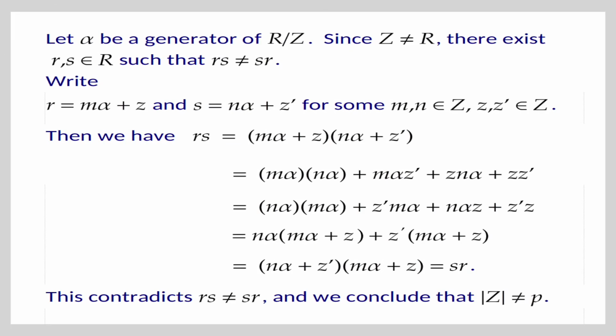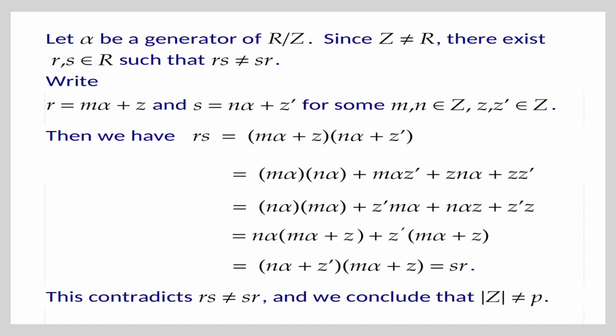Let alpha be a generator of R/Z. Since Z is not equal to R, there exist r, s belongs to R such that rs is not equal to sr. We write r equal to m alpha plus z and s equal to n alpha plus z' for some m, n belongs to the integers and z, z' belongs to Z. Then we have rs is equal to (m alpha plus z)(n alpha plus z'), that is equal to m alpha n alpha plus m alpha z' plus z n alpha plus z z'.